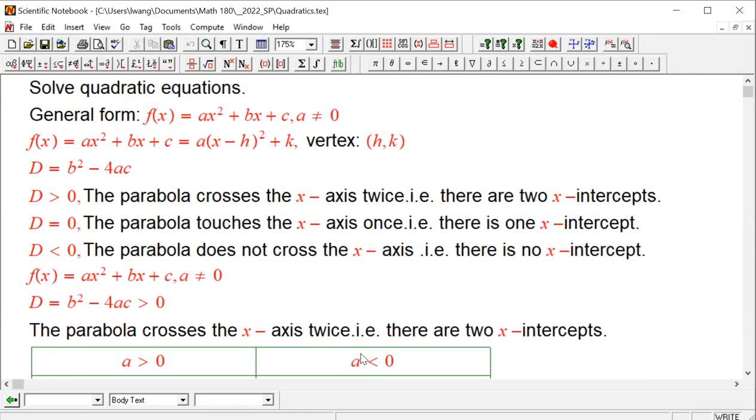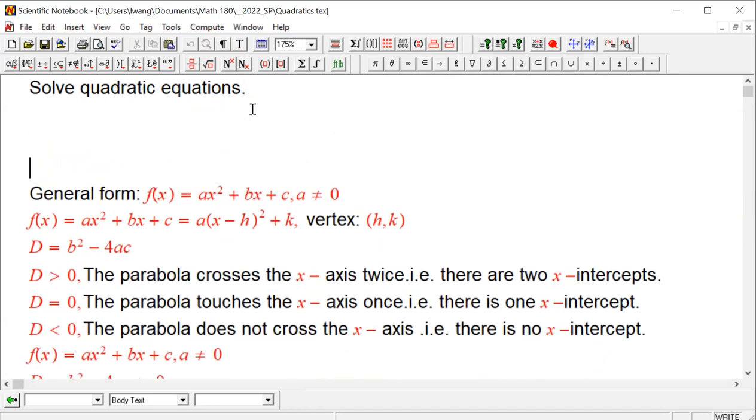So in this section, we're going to talk about how to solve quadratic equations. We start by taking a look at the quadratic equation. We know the function, the input is x and the output is 0.